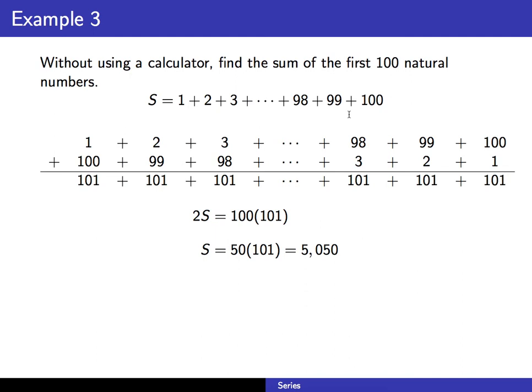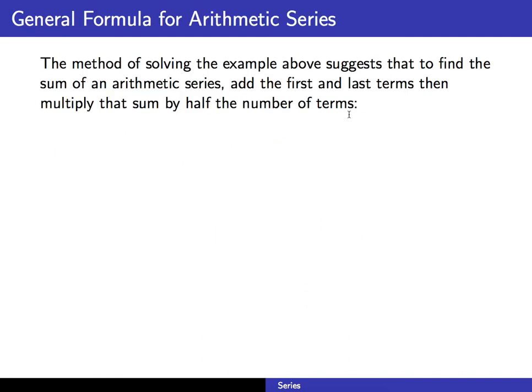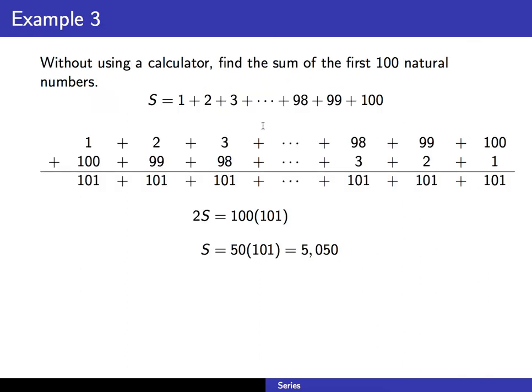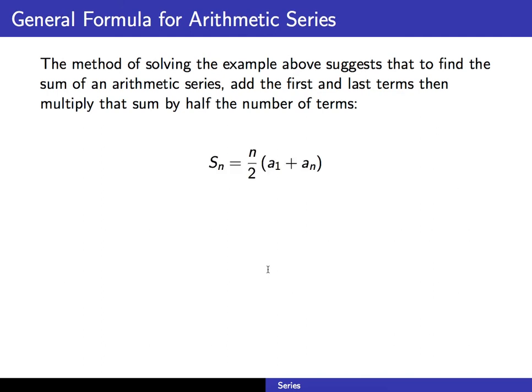Then multiply that by half the number of terms. There were 100 values there, and we divided both sides by 2, so we took half that number of values, and that gave us our result.